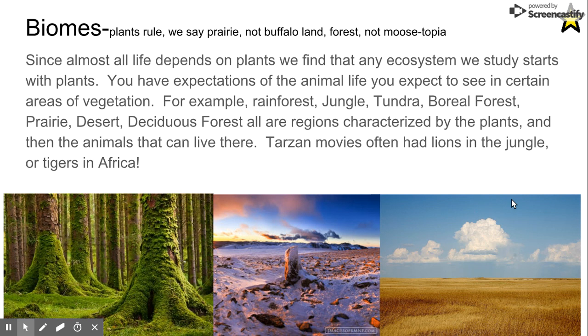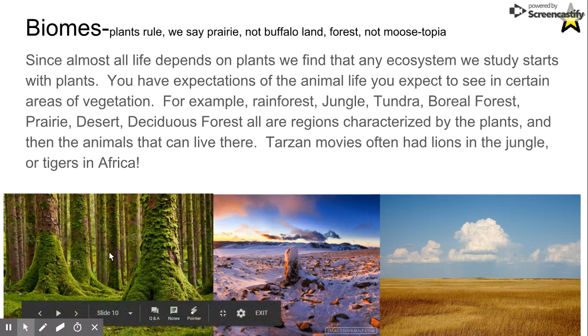I like to think of the word as meaning biological home. You look at the plant environment and the geological environment, and you expect certain animals to be there. So you might expect to see an elk in this forest. A polar bear would not look out of place in this one. But here you should see a lion, not a tiger, or maybe a buffalo.